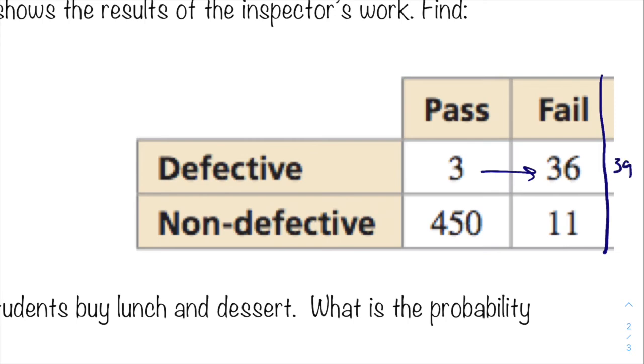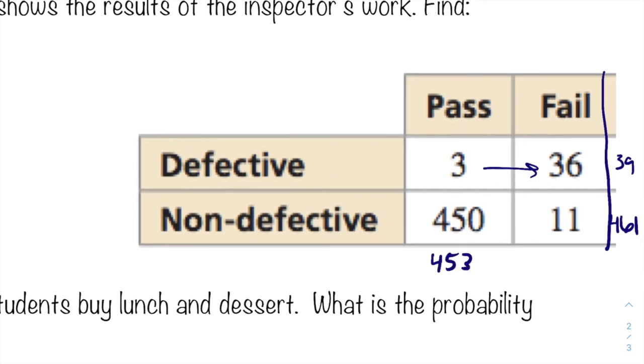The total non-defective parts looks like it's going to be 461. You could also look at it the other way and see how many failed and how many passed. Of all the parts, 453 passed, and all of the failed parts totaled would be 47.